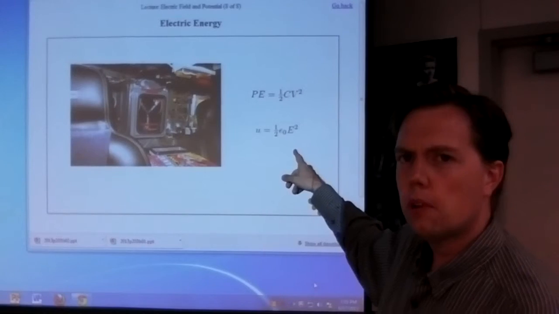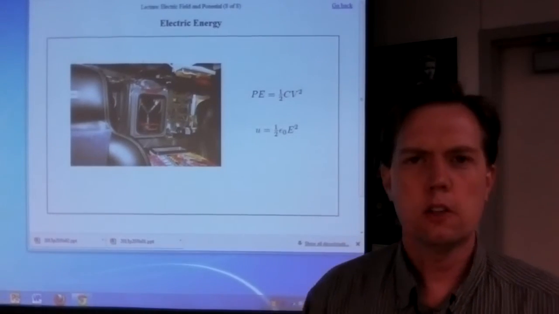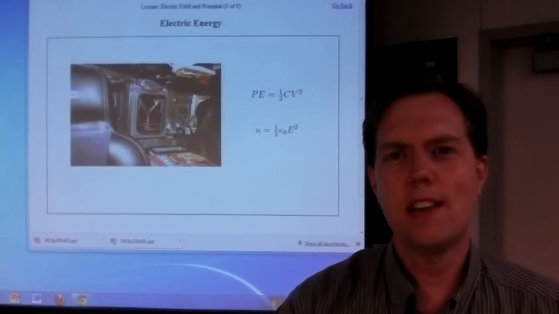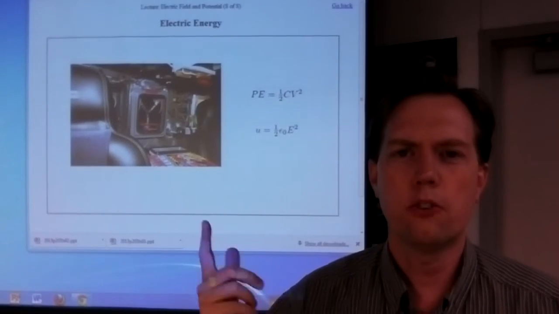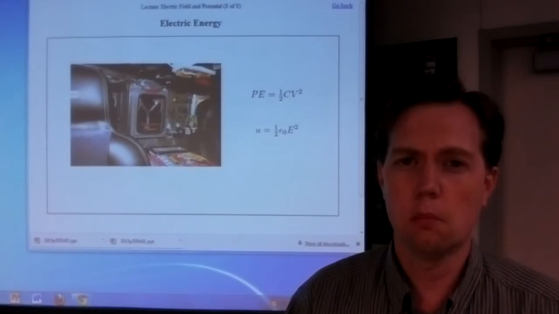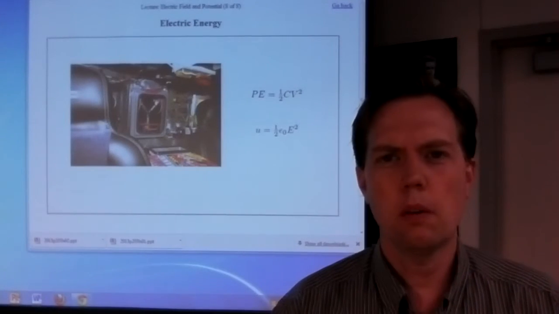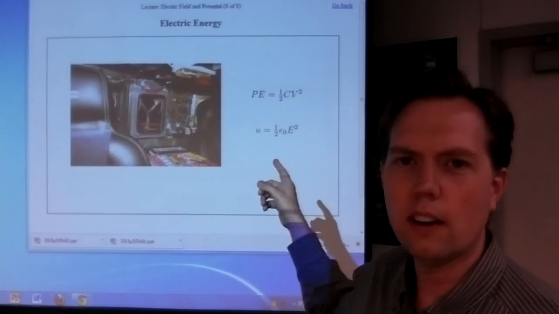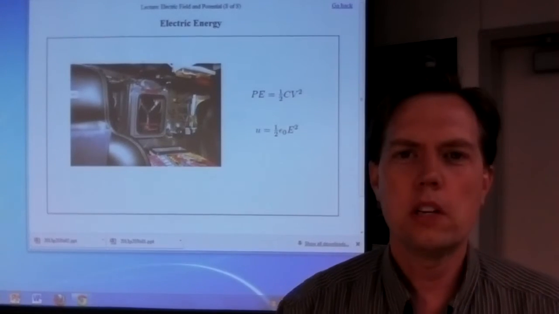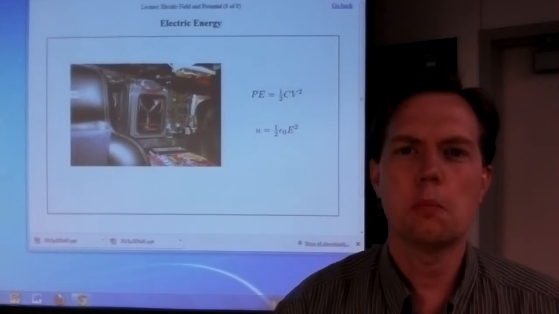The formula here is basically the energy density, and that's really just the formula on top divided by volume. And the only reason I include that here at this point is that I want to be able to refer back to it when we talk about the energy density of the electromagnetic field and talk about electromagnetic radiation.